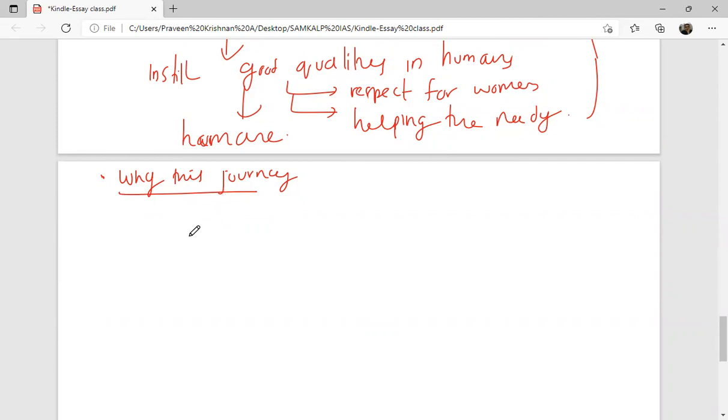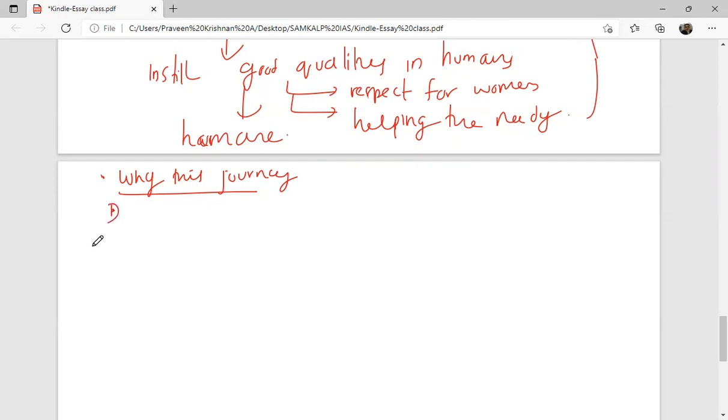Now you can come up with any number of points, 5, 6 or 7 solid points would be really great. Since I'm discussing an example here, I don't want to discuss a full essay from top to bottom. I'm giving you a framework of it. So I'll come up with 2-3 dimensions of what I'll write in the essay.